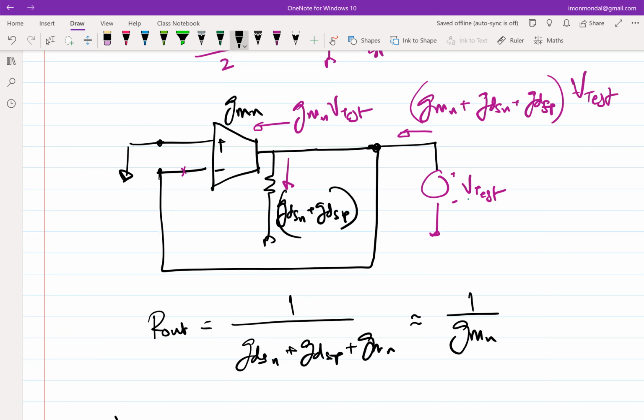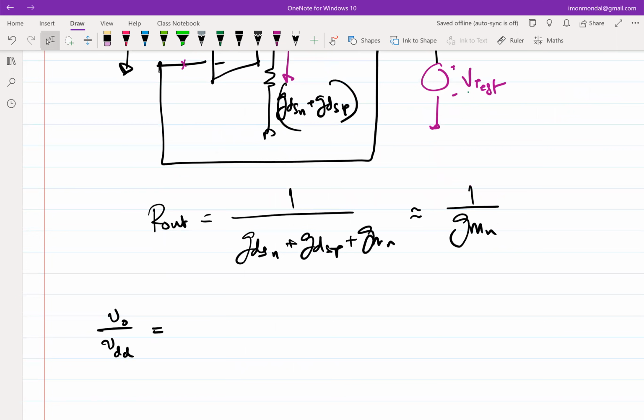So what is V0 over VDD now? ISC times R out.